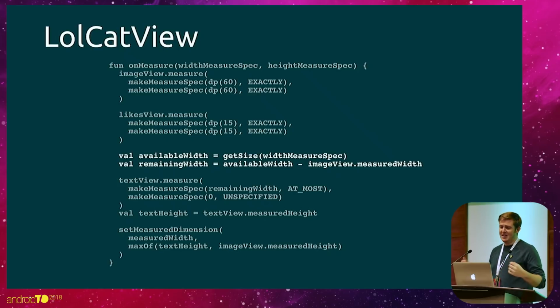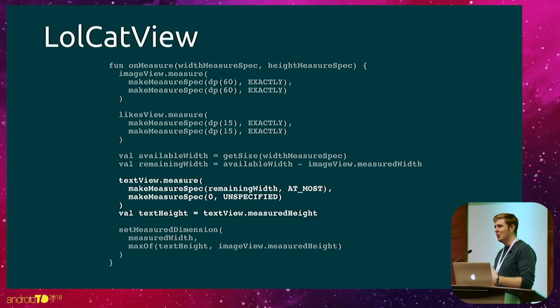So we pull the width available to us from MeasureSpec.getSize, and then we use this to derive how much remaining width there is by subtracting the image view size from that value. Great, now we can plug this into the text view measure, and what that gives us is the ability to pull out, based on the text inside the text view, the measured height for calculating our layout.